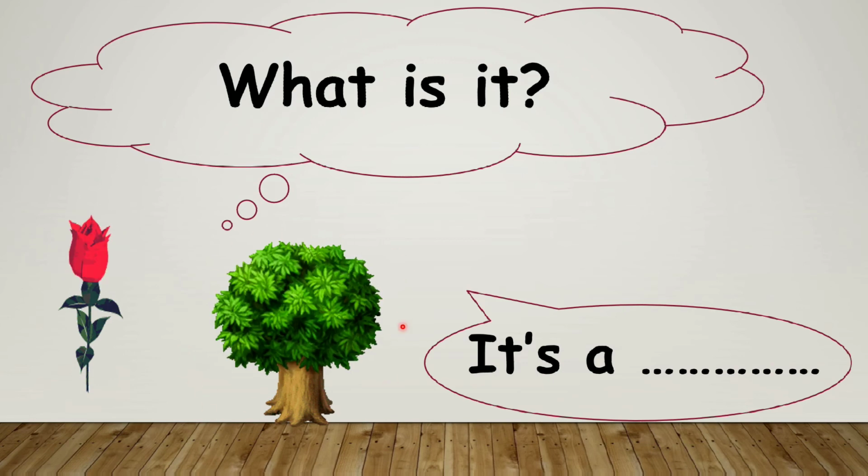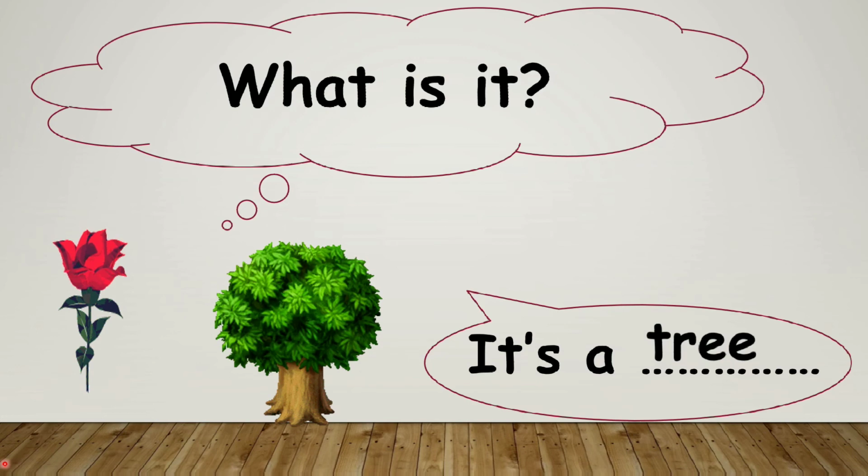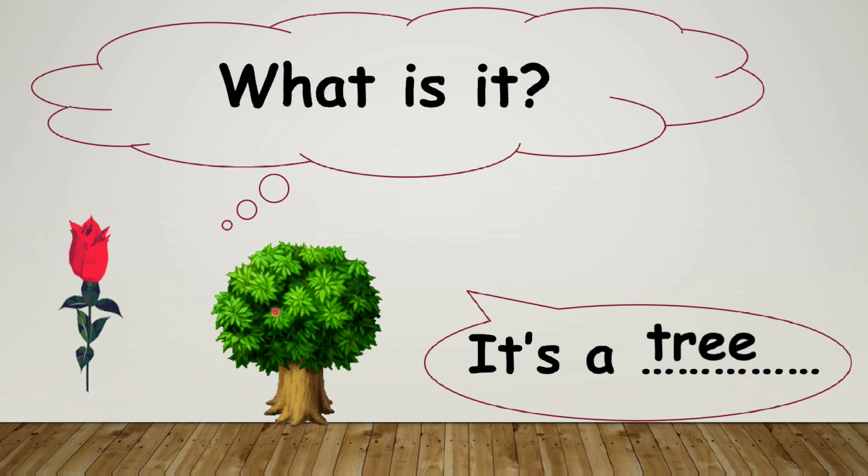It's a tree. Okay, so if someone asks you, "What is it?" if it's picture 1, we say it's a flower. And if it's a tree you're looking at, you say it's a tree.